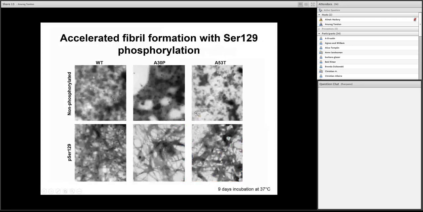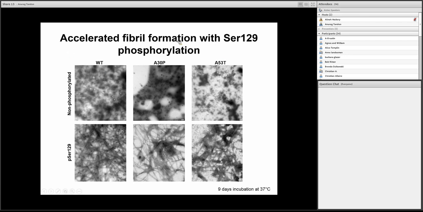And my lab has been involved recently in some studies to look at how these fibrils form. And what we find, when I mentioned the phosphorylation change on the C-terminal tail, is that when we generate synuclein molecules that have this particular phosphorylation, we get a very accelerated fibril formation.